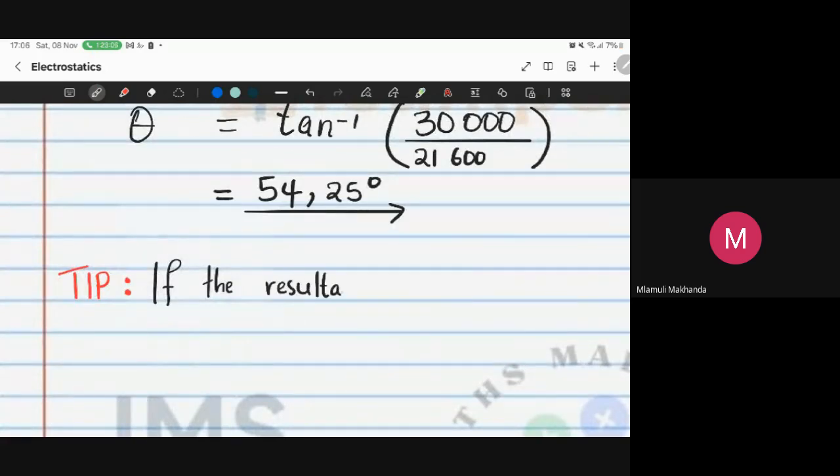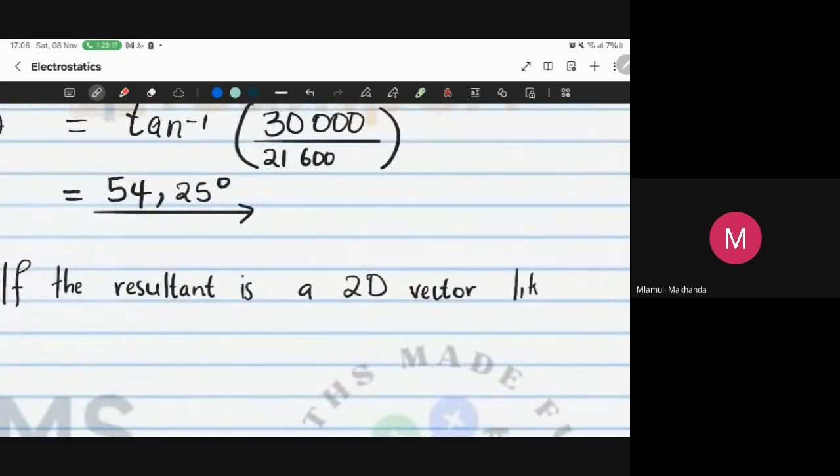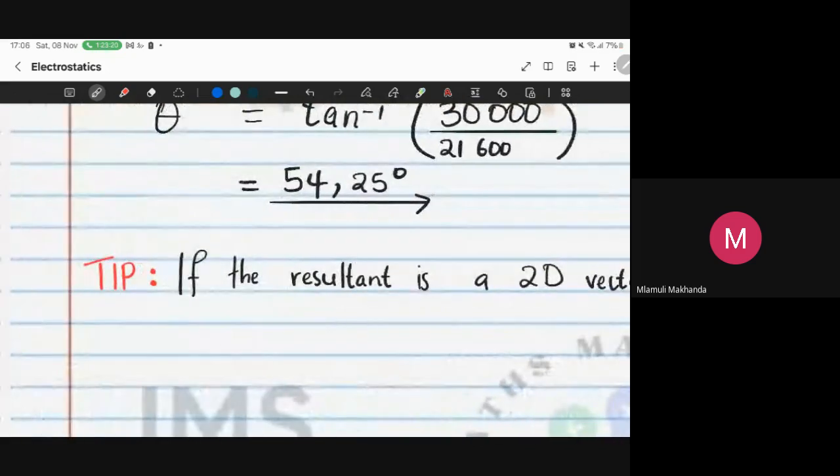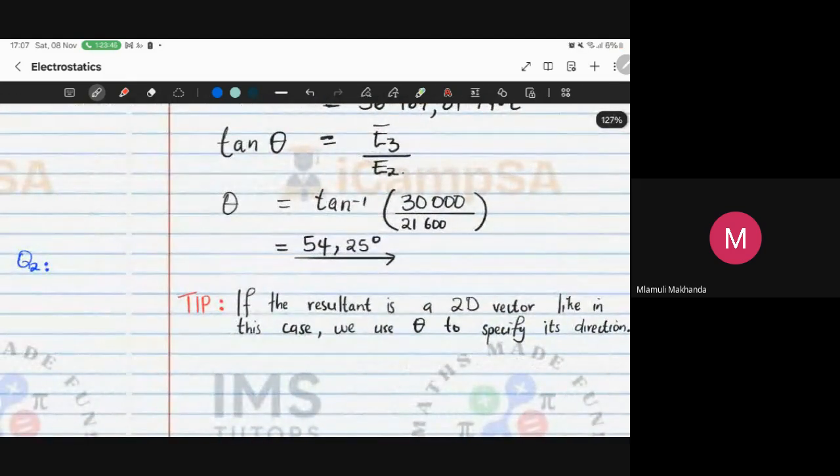If the resultant is a 2D vector, like in this case, we use theta to specify its direction. But if it was a 1D vector, we would just say left or right or up or down.